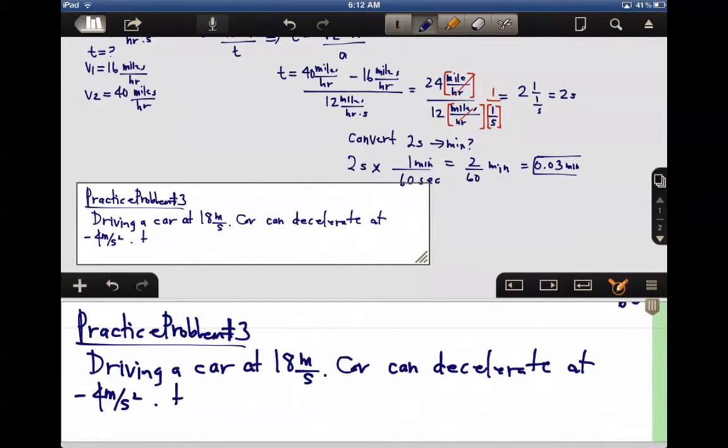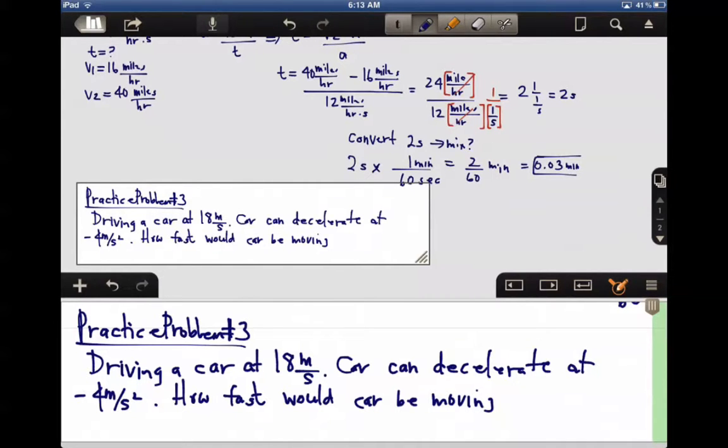So how fast would the car be moving after 1.5 seconds? So go ahead, take a minute, pause the video, solve it yourself, and then come back.